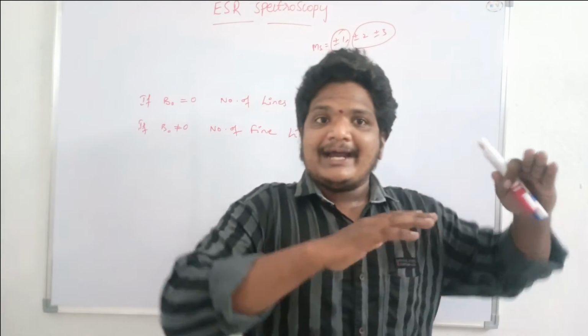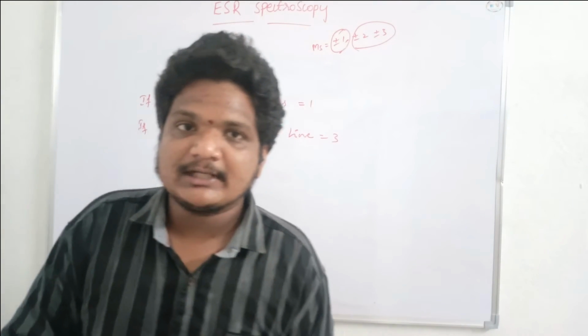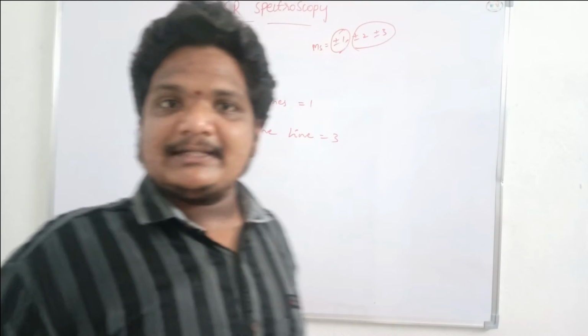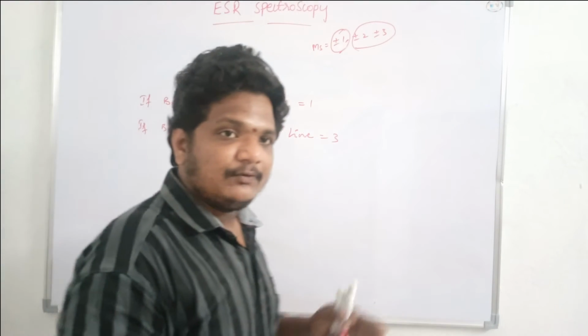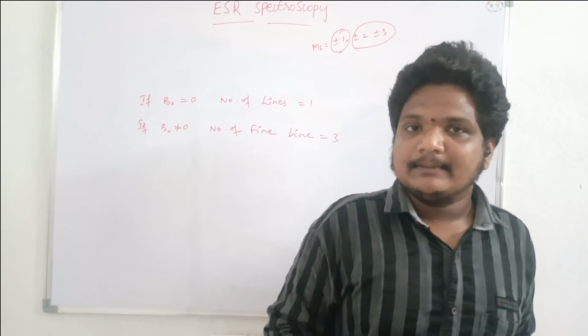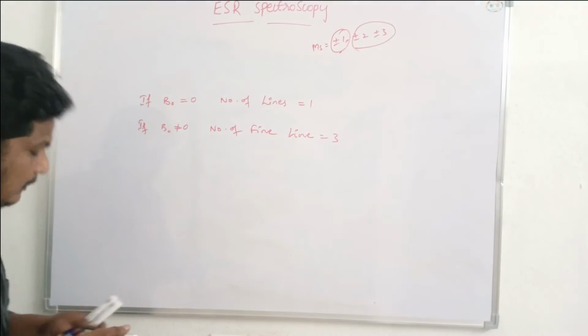Now, how do we identify which kind of systems will maintain the Kramers degeneracy and which kind of systems will lose the Kramers degeneracy? Let us see here.